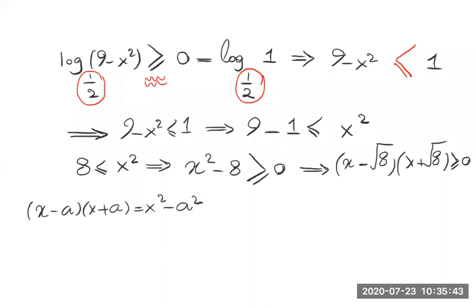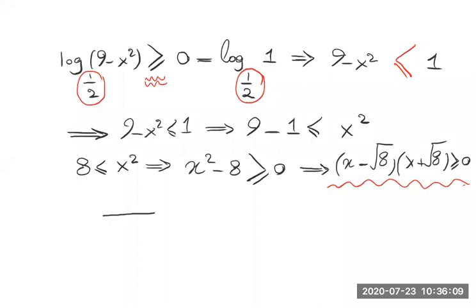Here, a squared is 8, so a would be the square root of 8. So does this decomposition make sense for everyone? Should we continue or is there confusion? So x squared minus 8 can be written as x minus the square root of 8 times x plus the square root of 8. This thing should be positive.